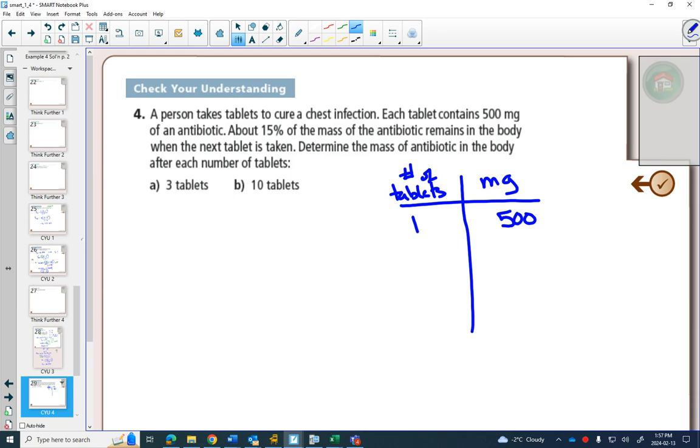When you take your second tablet, you are adding 500 to whatever was left in your body. Does that make sense? And if 15% remains, we would have to take 15% of 500 would be left.